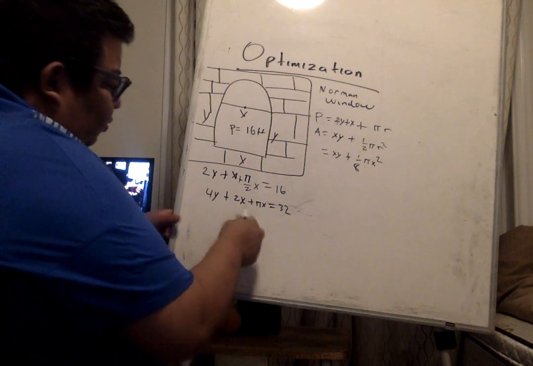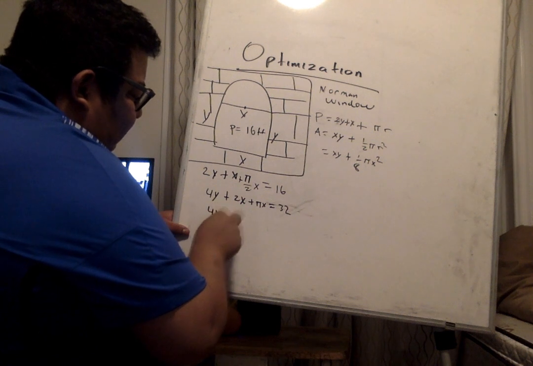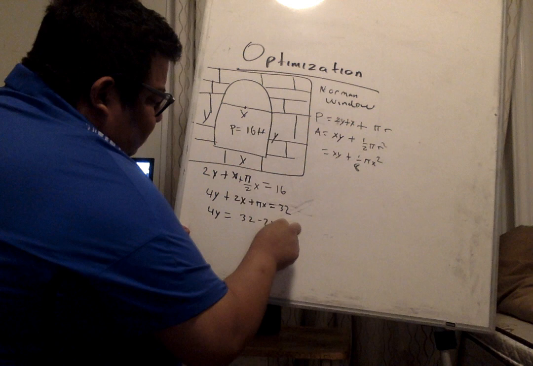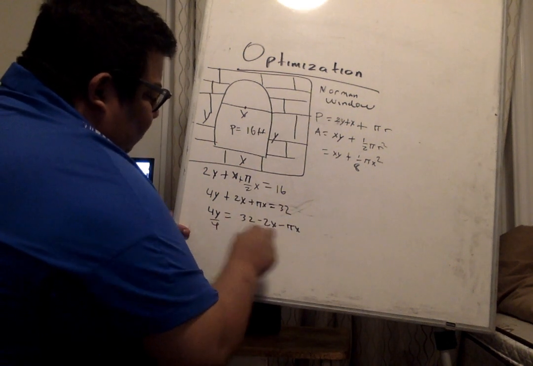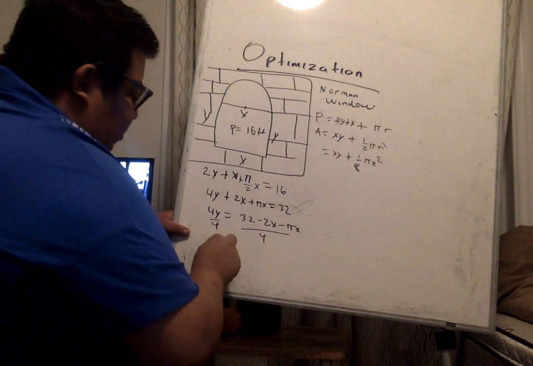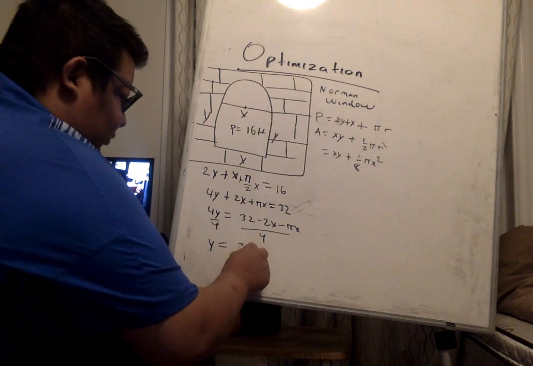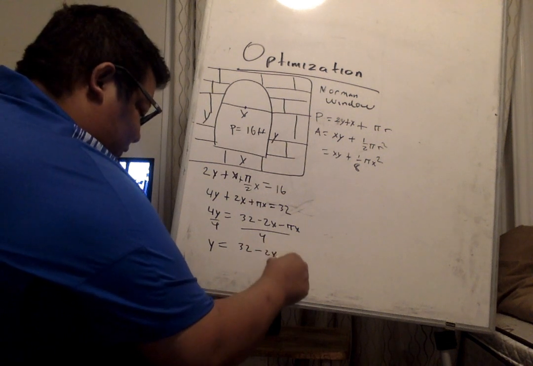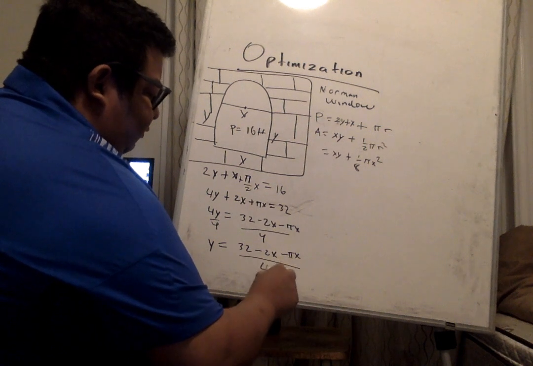We solve for y, so 4y is equal to 32 minus 2x minus pi x. We divide by 4, so y is equal to (32 minus 2x minus pi x) over 4.